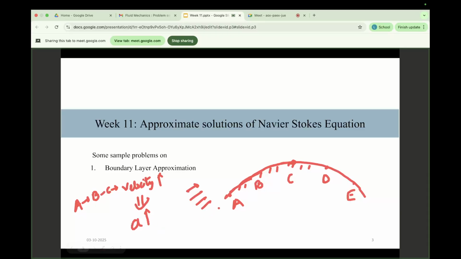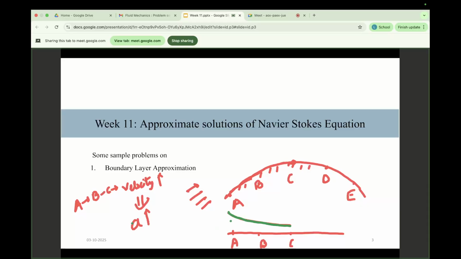So what will happen to the pressure gradient from A to C? If I draw this pressure gradient, this is A, B, and C. See, if the velocity is increasing, the pressure will definitely decrease. So in this line, which I'm representing as a green line, you will see the pressure will decrease here.